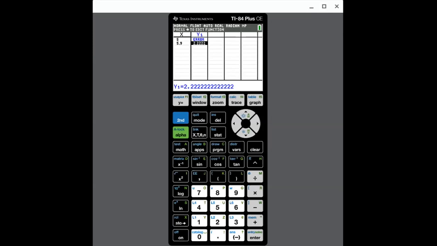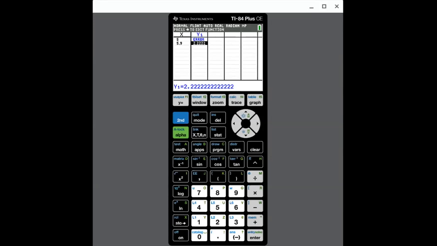If I want to find the slope when x is 5.9, I know what my x is, it's 5.9. My y is going to be whatever I get when I plug 5.9 into the function.